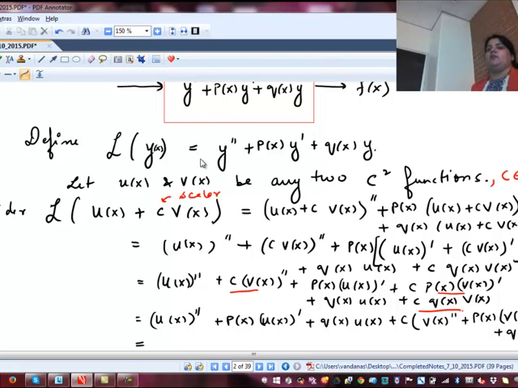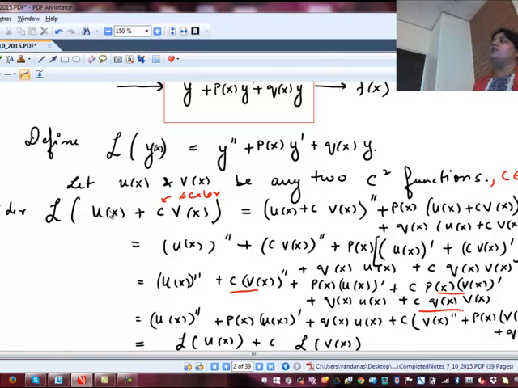So L of y(x) is defined to be this, and if in place of y I have u, then the compact form of this will be L of u(x). Very good. L of u(x). The constant is taken out, and then we get L of v(x). Same way.